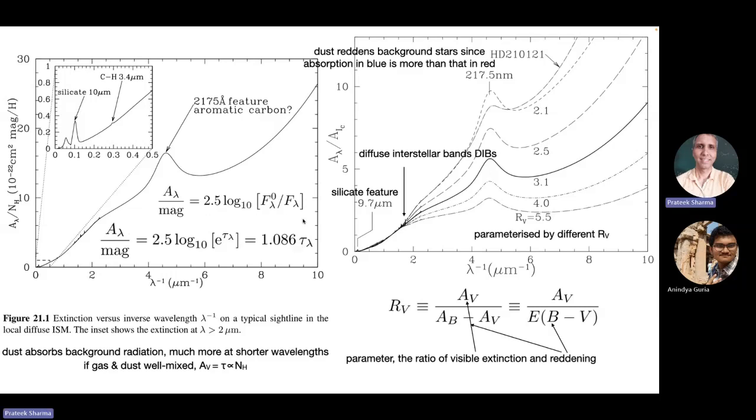The need for this type of unit is because you're dealing with magnitudes, and this 2.5 log appears when you're dealing with magnitude. So if you want to know the magnitude of an absorbed star, you just add A lambda to it, so that you get the apparent magnitude after dust absorption.